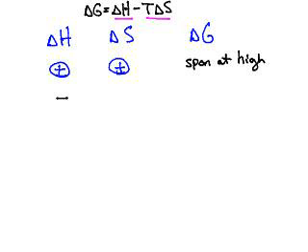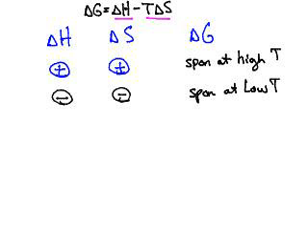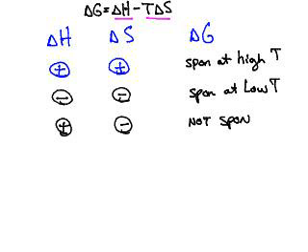What about if it's negative, negative? In this case, it's spontaneous at low temperatures. I should say T on these. Got it? And then if we're opposites, positive, negative, it will never be spontaneous. And if it's negative, positive, it is always spontaneous.